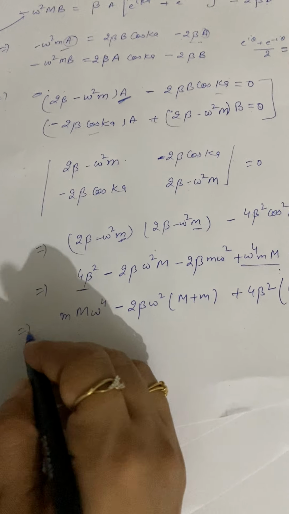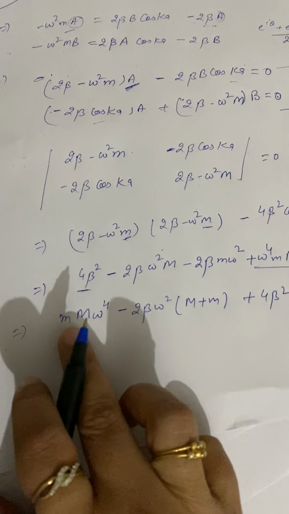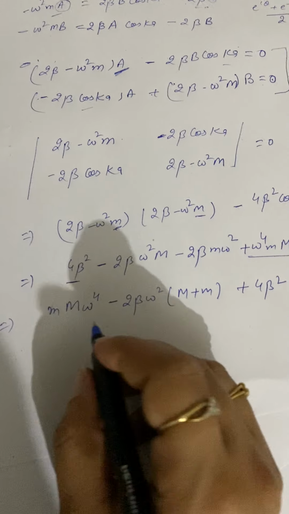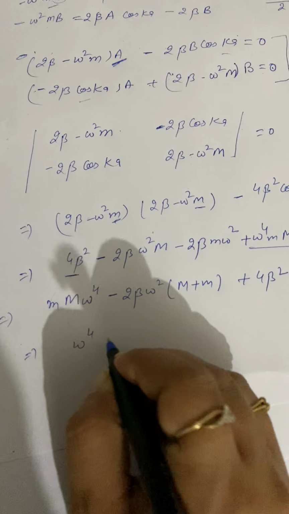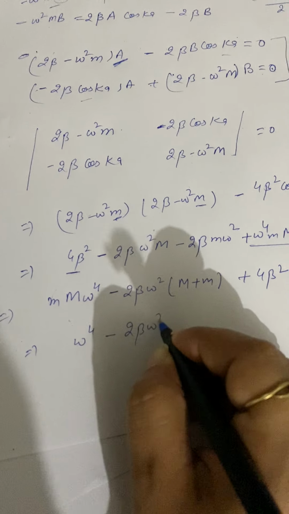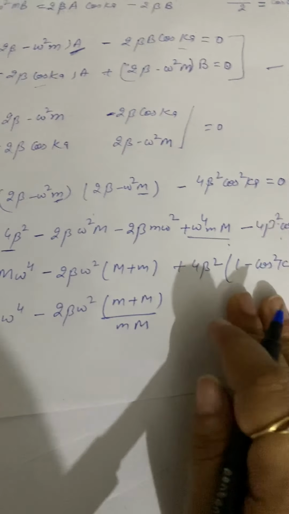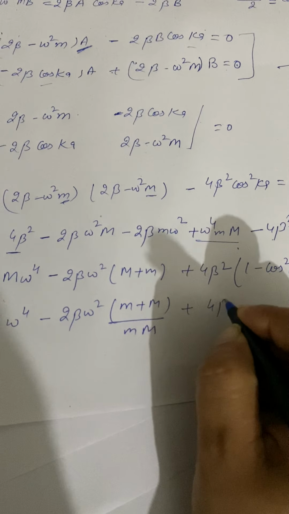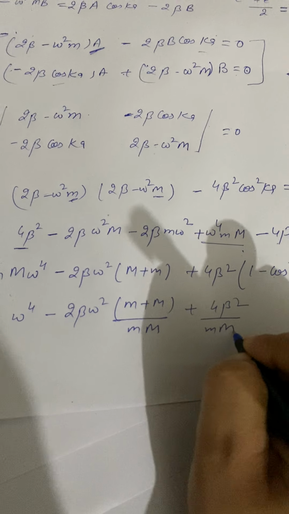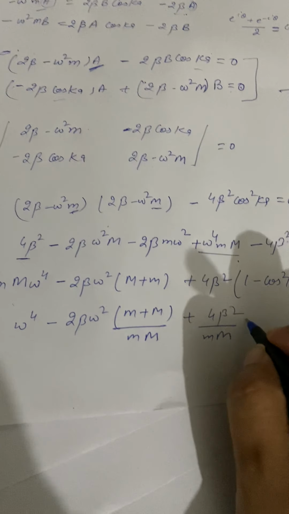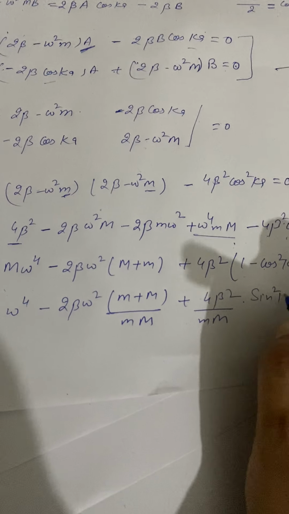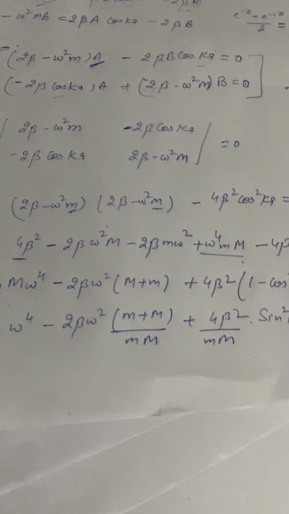By dividing this equation by small m and capital M, we will get omega raised to power 4 minus 2 beta omega square (m plus M) divided by m M, plus 4 beta square divided by m M, times 1 minus cos square, which is sin square ka, is equal to 0.